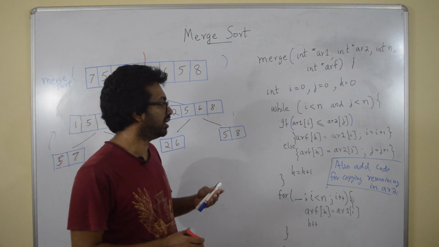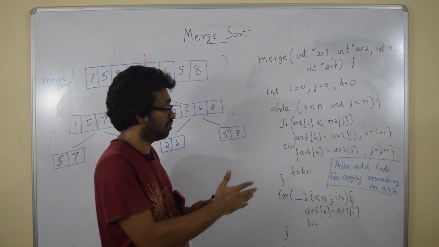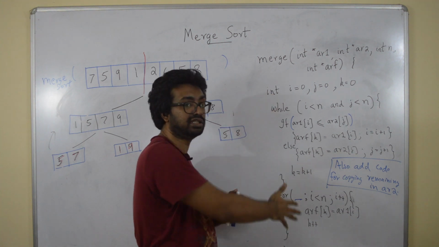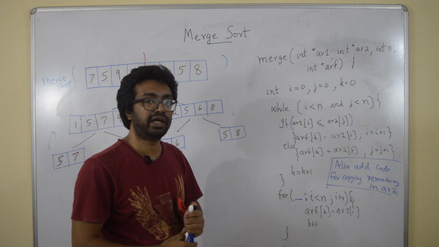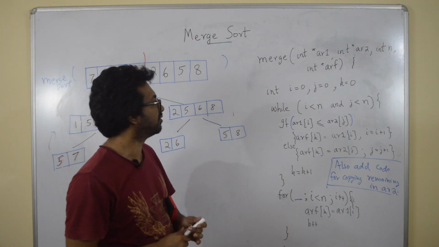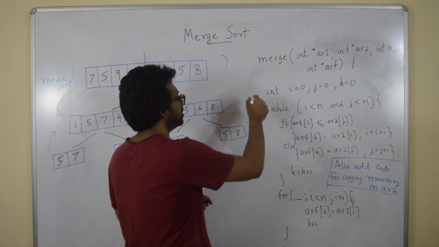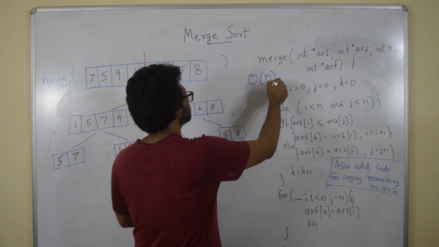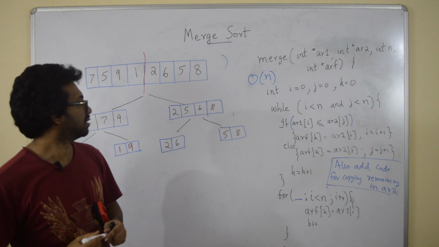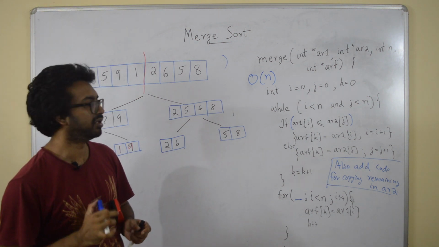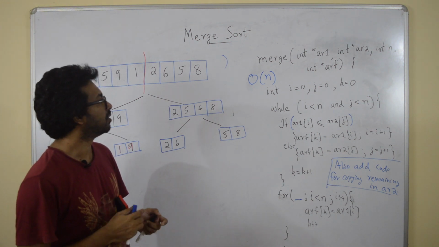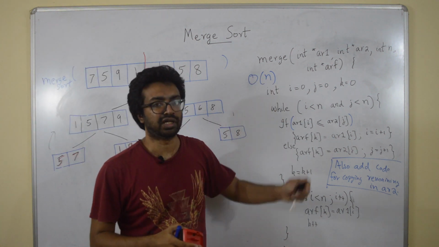So how many steps did this execute? Some constant times 2n steps were executed, and therefore the running time of this merge is order n. Okay, right. So this is order n. That is the main point we are trying to make, where n is the size of the array.